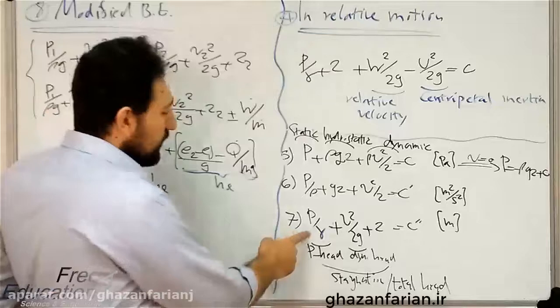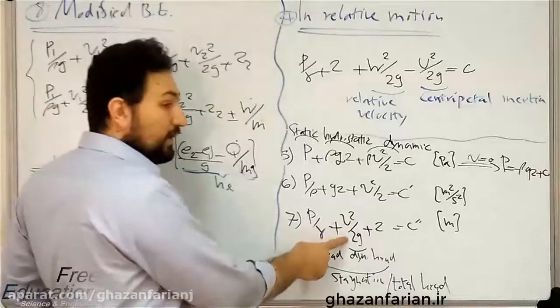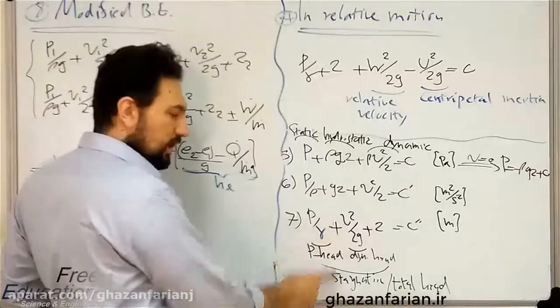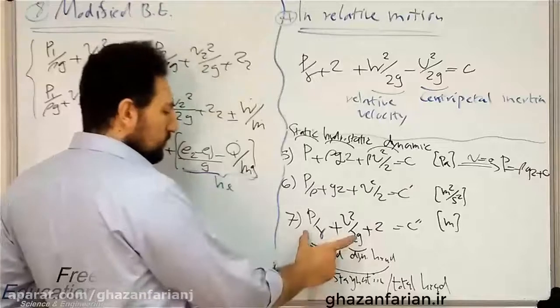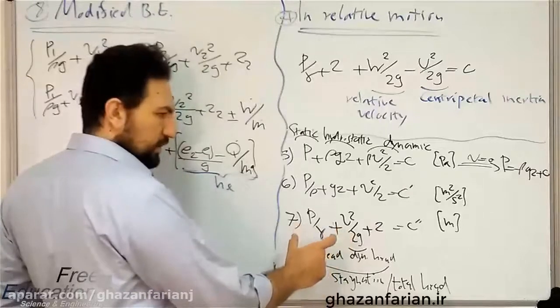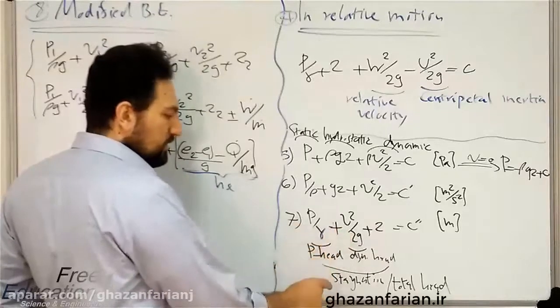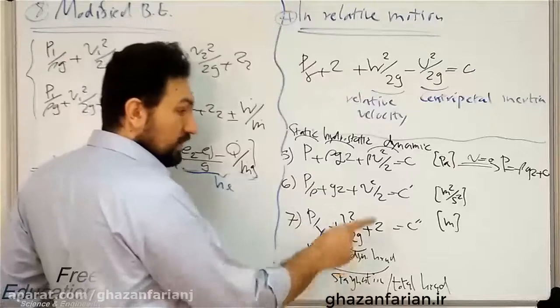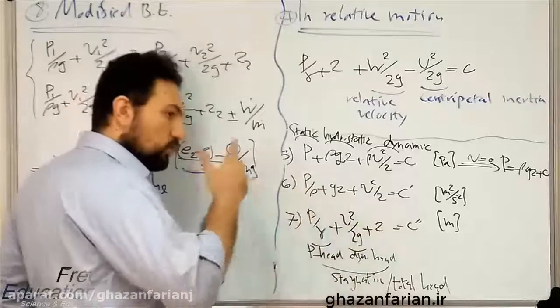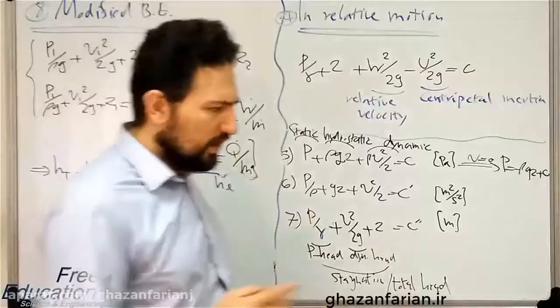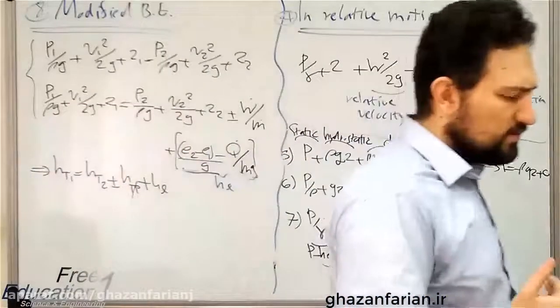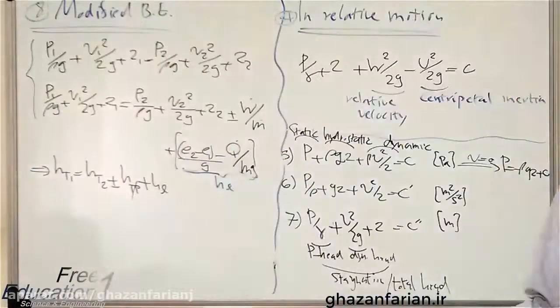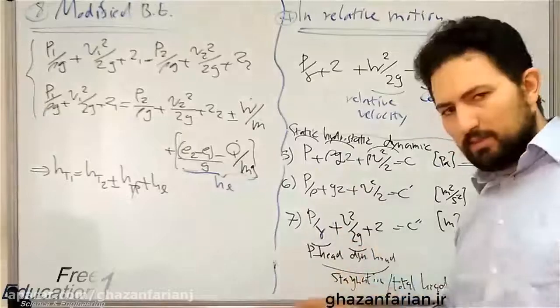This is the pressure head, this is the dynamic head, or the velocity head. And the sum of the two first terms in this equation is called the stagnation head, or the total head. In different engineering applications, it's more appropriate for us to use this form of quantities.